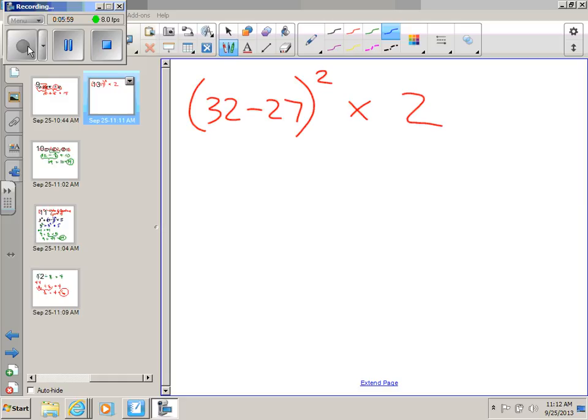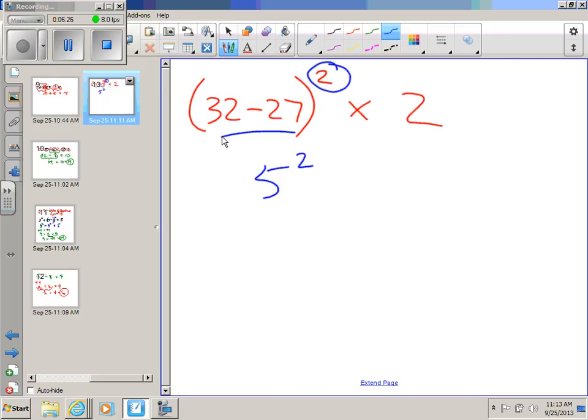Parentheses. 32 minus 27 is what, Maya? 32 minus 27 is 5. So now what that means, Maya, is when I have that, that means I'm going to square whatever was inside, what that really means after I simplify.